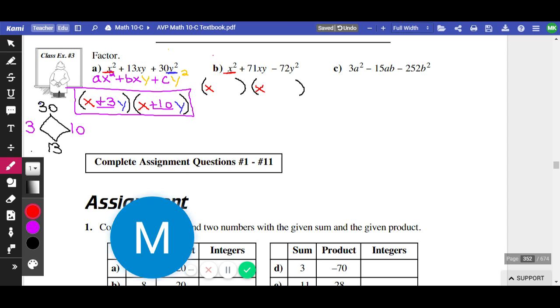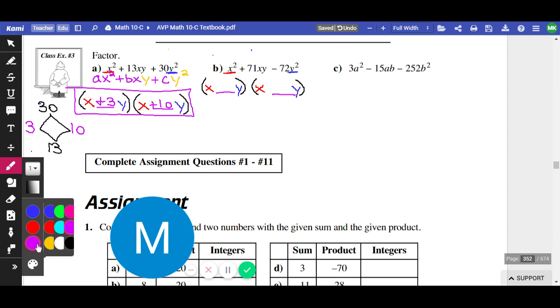We also know that if you have a letter squared on the last term, like this y squared over here, that means that my last terms should be y's. And the coefficient on those y's, or the number in front of them, we have to use diamond method to figure out this portion. So the setup's almost the same. You're just adding a y to the end of each binomial.